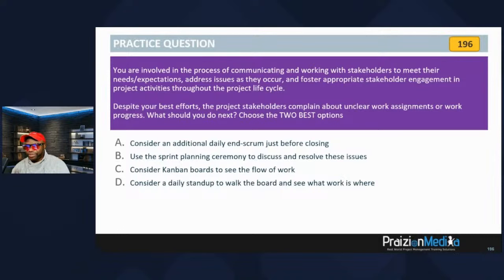Despite your best efforts, the project stakeholders complain about unclear work assignments or work progress. What should you do next? Choose the two best options. Now, on your PMP exam, you're going to get some of those that say two best. So, what do you think?